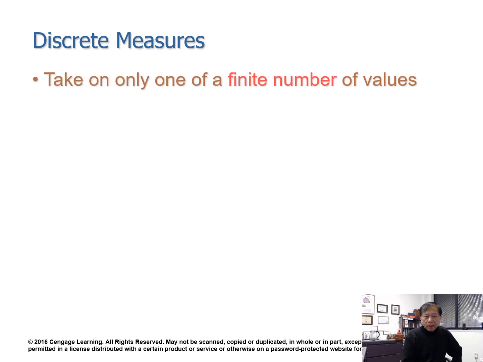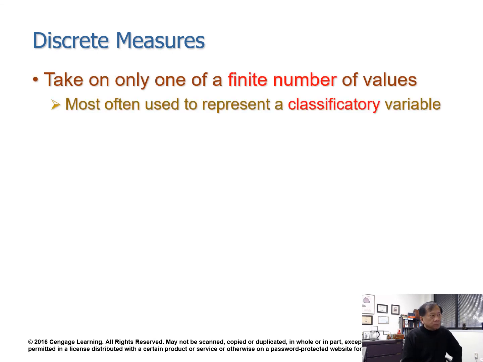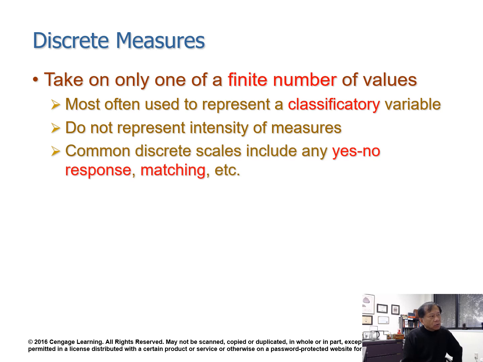Okay? Discrete measures versus continuous measures. Discrete measures are the ones that take on only one of a finite number of values. It's most often used to represent a classificatory variable, classifications. Okay? It does not represent intensity of measures.